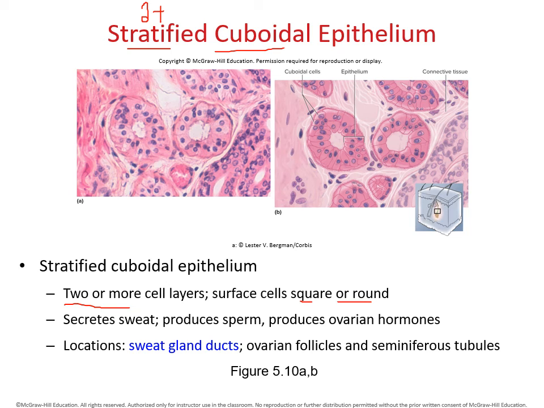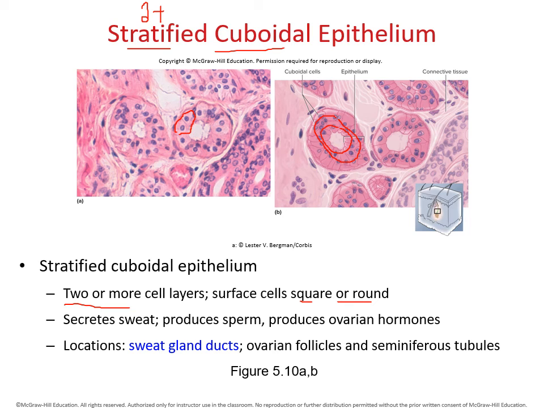And if I look at B, I can see that I have one layer of cells here, and then I have a second layer that's coming around to it. So that's why it is stratified, and it's cuboidal because the individual cells do have a very circular or square shape. I think you can actually see it better in A than you can see it in B.